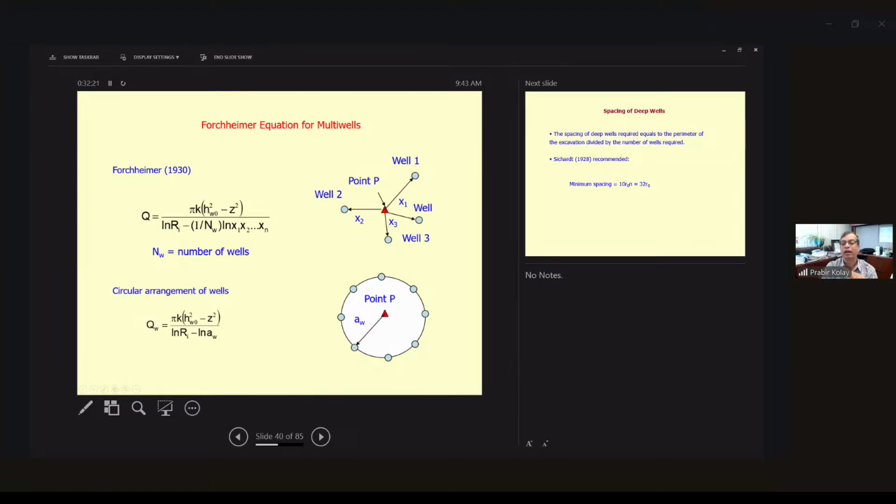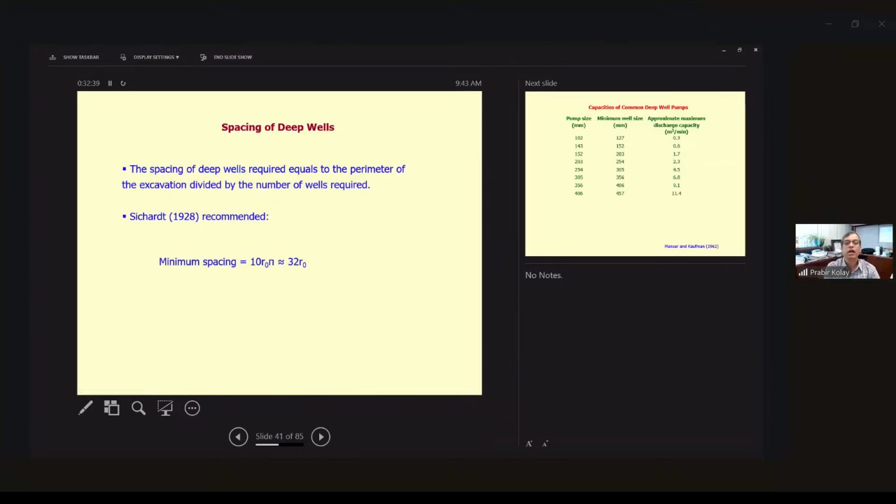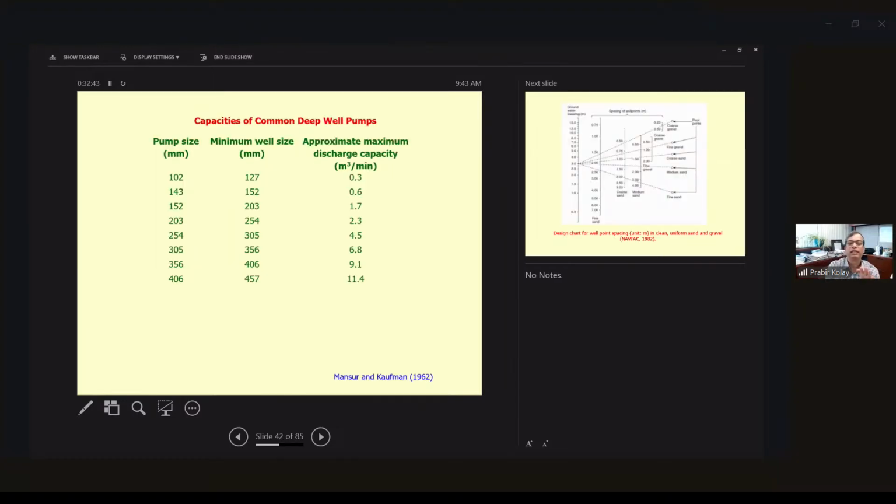The second one applies if the wells are at distances from the pumping well to the point P. If it is a circular arrangement, then this is the equation you can use to calculate the discharge. I'll be solving one problem using this equation. I'm not going to go into detail here on the deep well system, but this will give you some idea.